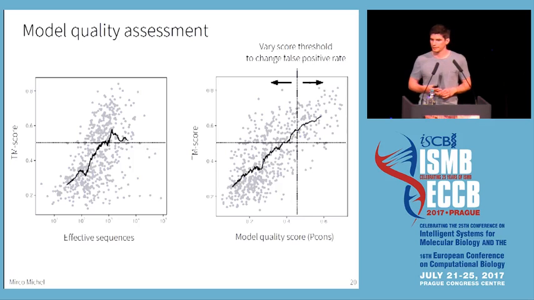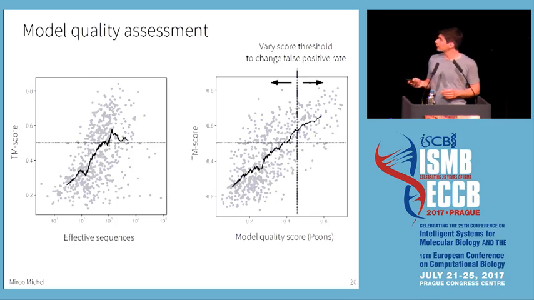But luckily, there are methods that can look at the actual model, not just the alignment, and look at the resulting model and predict a score for it. These tools are called model quality assessment programs, and they basically try to predict this TM score. So they assess the quality by directly looking at the models.